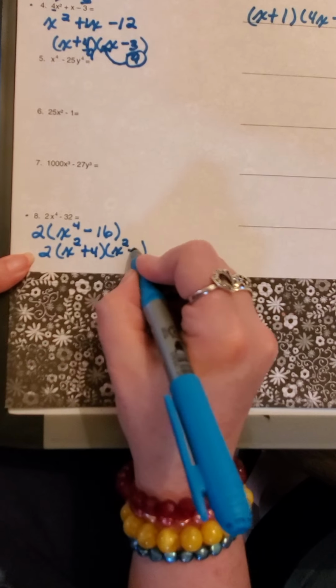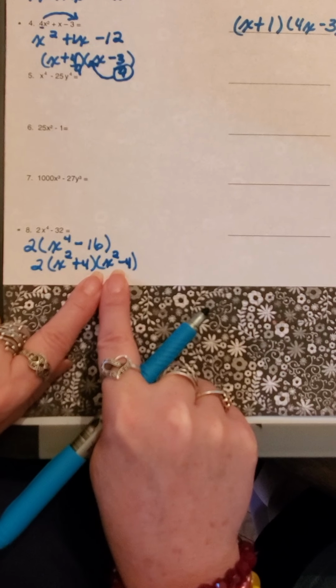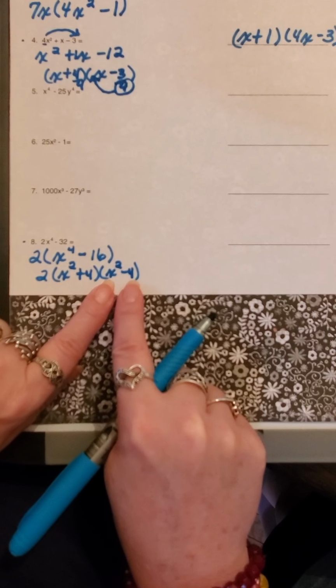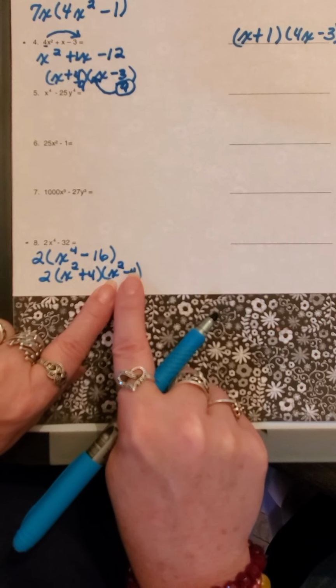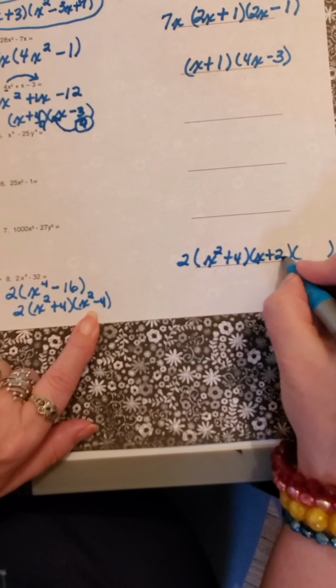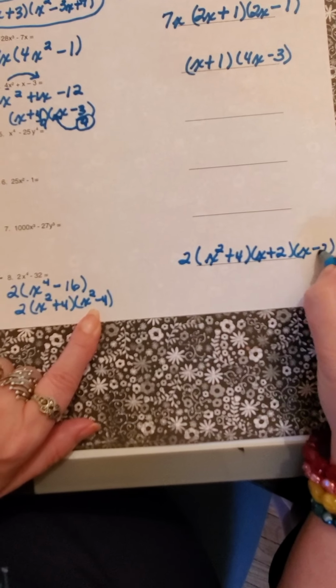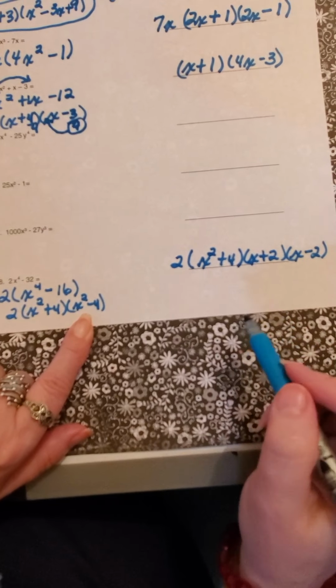Okay, then we still have another difference of squares right there, because x squared minus 4 is also a perfect square, and it's a difference. So my final answer would be 2, and then I'd have this x squared plus 4, and then here we'd need 2 sets of parentheses, and we'd have x plus 2 and x minus 2. Okay, that's your final answer.